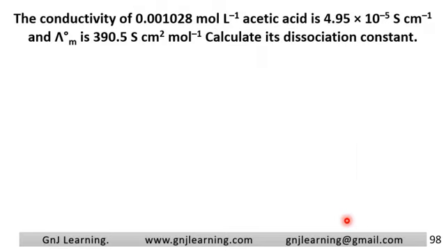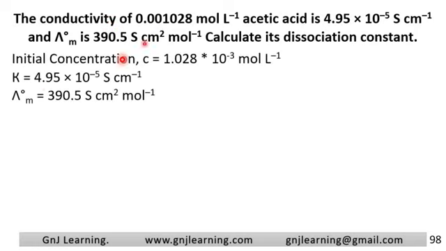Let's see a problem. The conductivity at concentration c, mole per liter, is given for acetic acid. Its conductivity is given as 4.97 times 10 raised to minus 7, and the limiting molar conductivity is also given. Calculate its dissociation constant. So I have to calculate the Kc value. What are given? Conductivity is given, and the initial concentration is given.